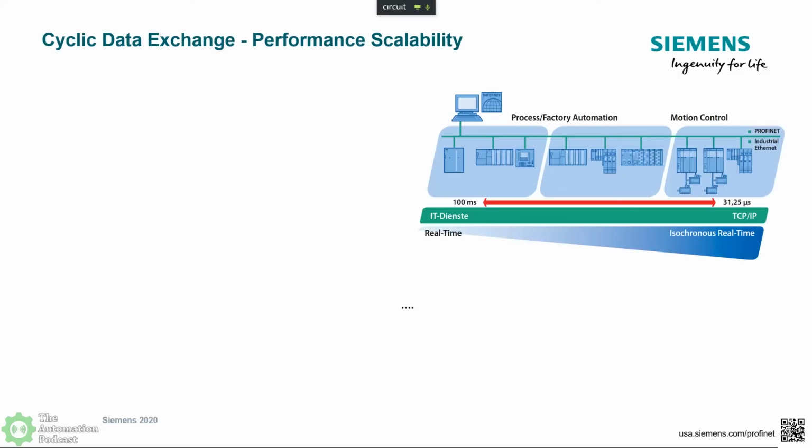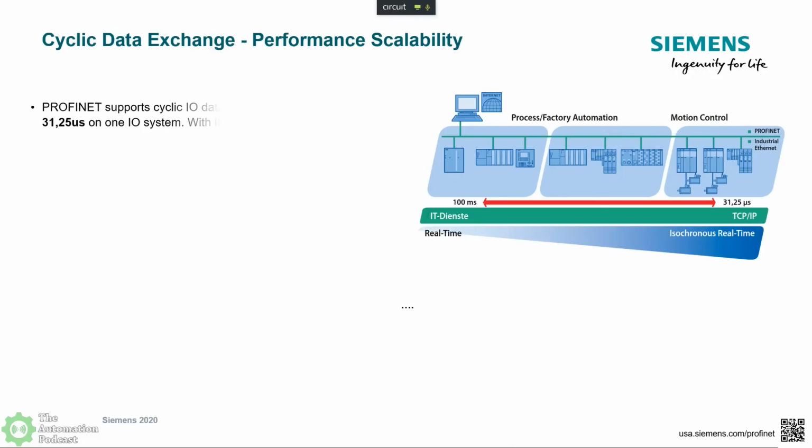And it can go up to 512 milliseconds for process applications. If you are controlling a temperature, then you don't need to update your data in 31.25 microseconds. 512 milliseconds is quite enough. And all is on one network.